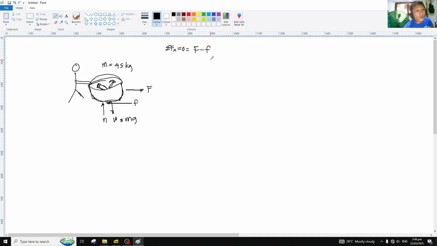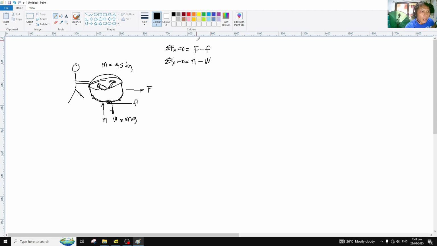So there are two forces on x. For the summation of forces on y, equal to 0, going up is the normal force, while going down is W, equal to mg.